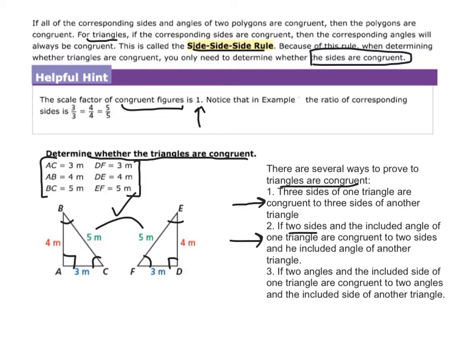Lastly, if 2 angles and the included side of one triangle are congruent to 2 angles and the included side of another triangle, then the two triangles would be congruent.